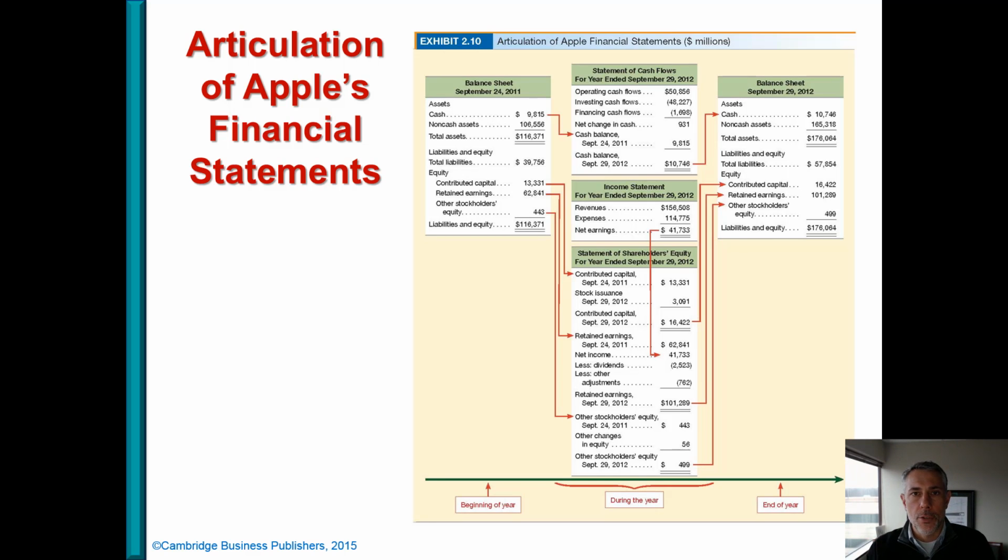The statement of cash flows reconciles beginning of period cash with end of period cash. End of period cash is posted on the end of period balance sheet. You can see contributed capital, retained earnings all flowing through to the income statement. Income statement flowing through net income to the statement of shareholders' equity. That in turn is posted to retained earnings. This is another one of those slides that's worthy of spending some time with.